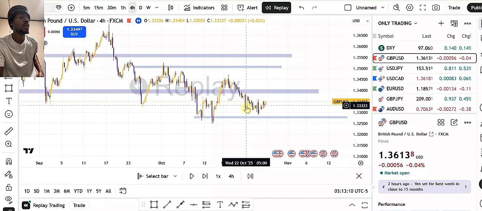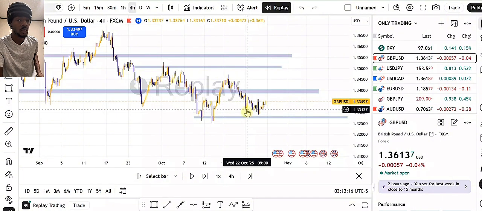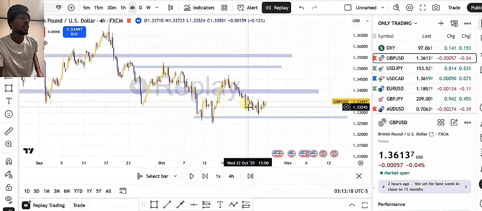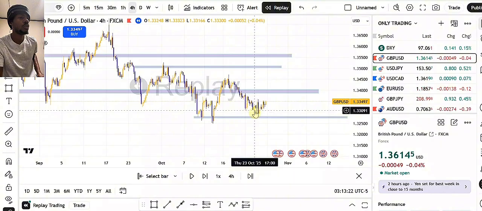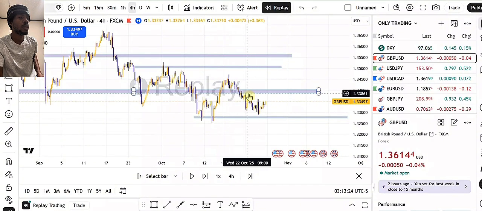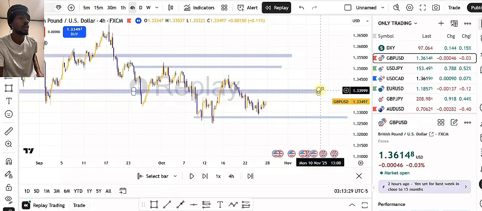Let's just say we came into the market at this point, and we see how price is in this consolidation, but it also made this high from this low. And now price is consolidating in mid-air in this range, but we're still in between the support and this resistance level here.